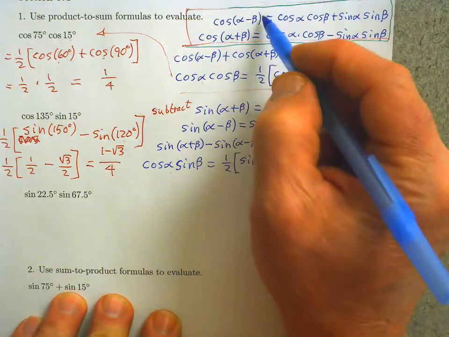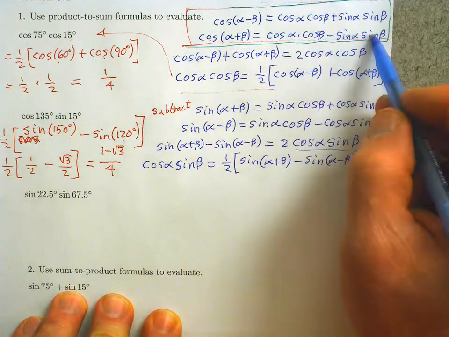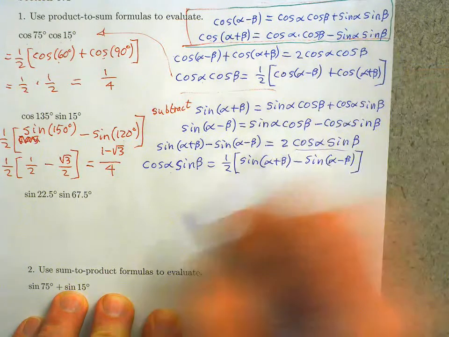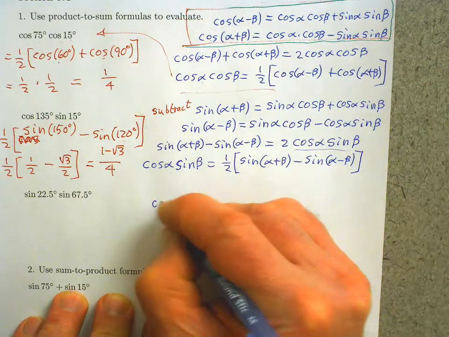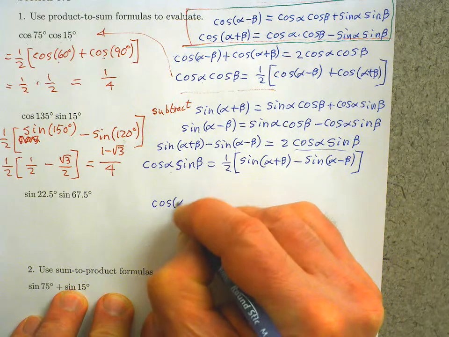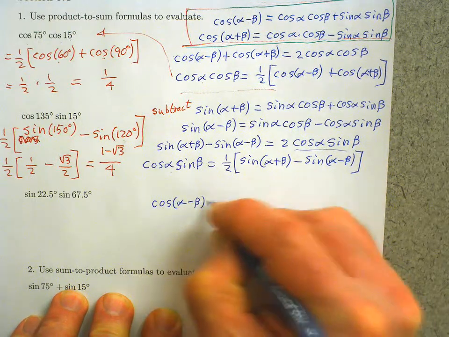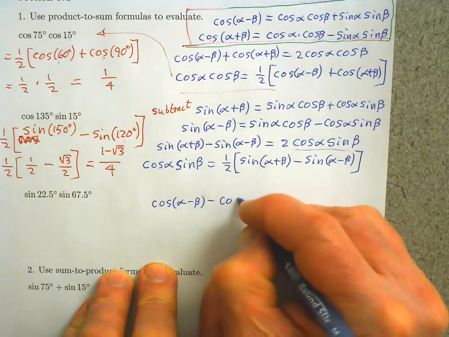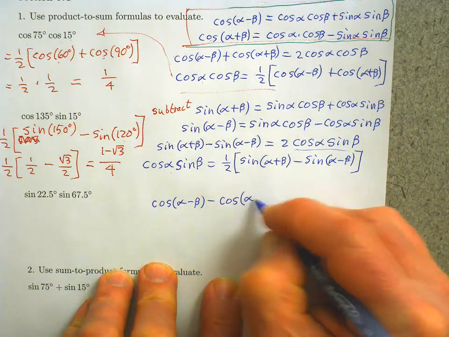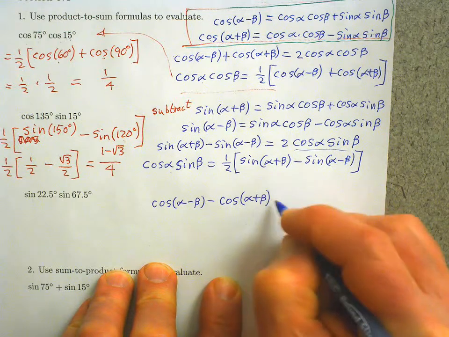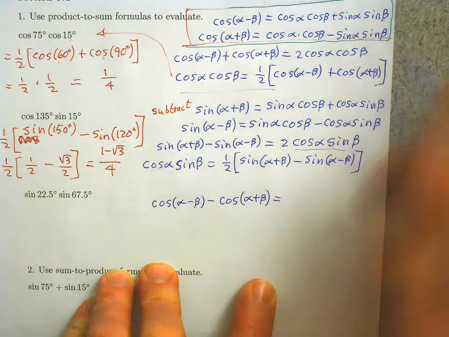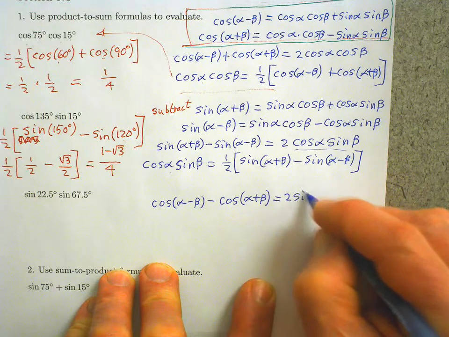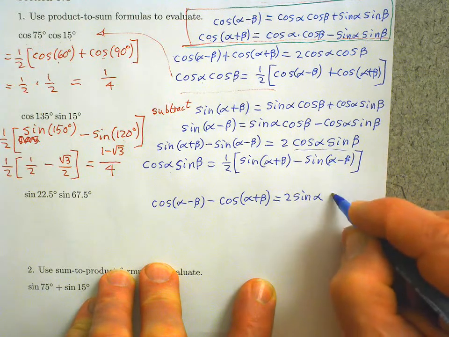So let's subtract the bottom equation from the top equation. So we'll get cosine of alpha minus beta minus cosine of alpha plus beta equals 2 times sine of alpha times sine of beta.